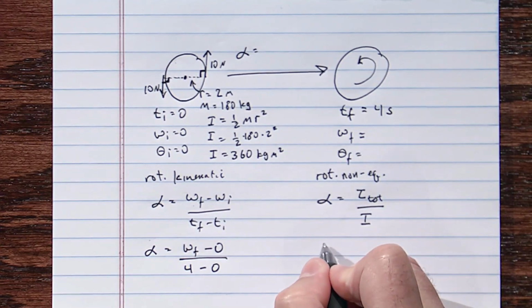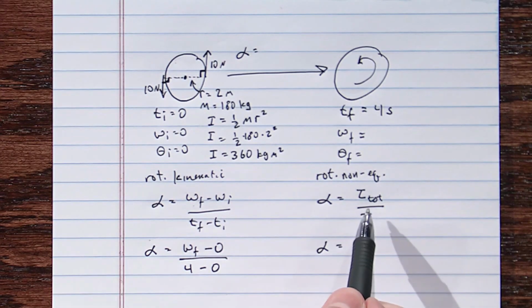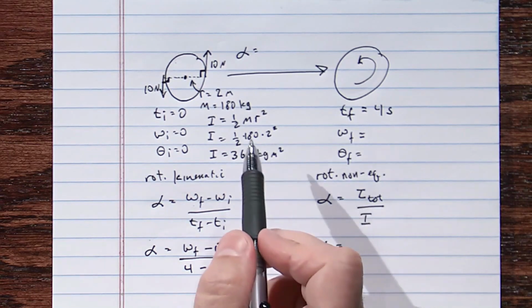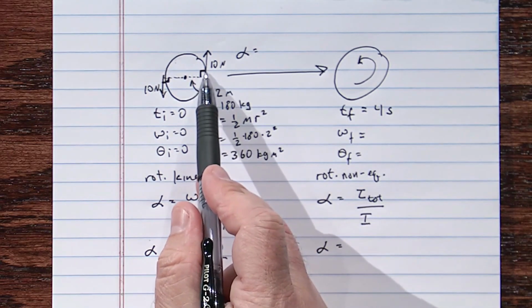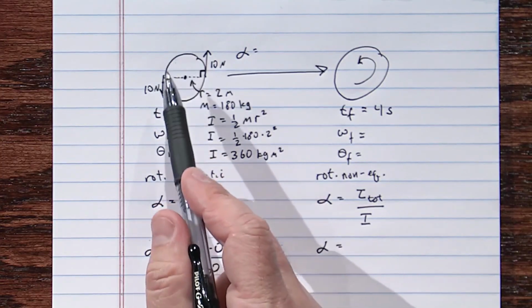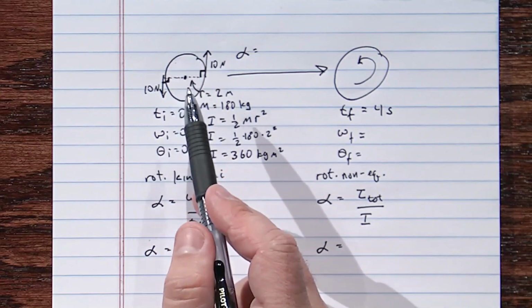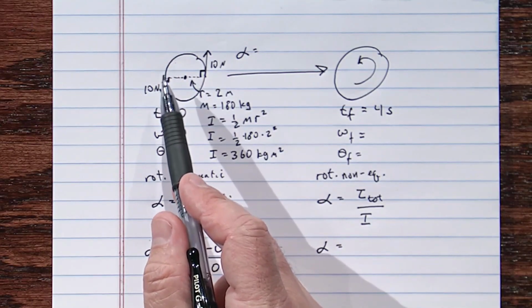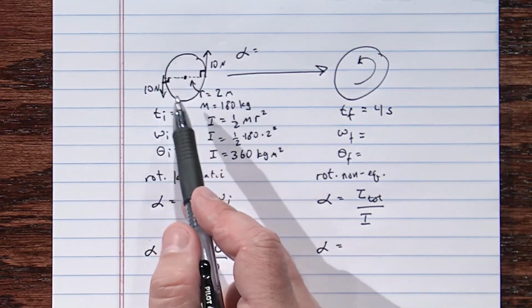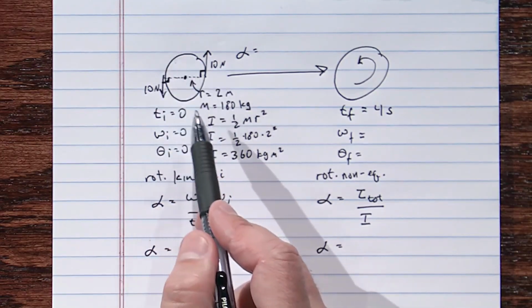So we have angular acceleration is equal to the total torque on the merry-go-round. Well, let's look. We have one force right here that would cause the merry-go-round to rotate in the counterclockwise or positive direction. And we have another force here that would also cause it to rotate in the positive or counterclockwise direction.